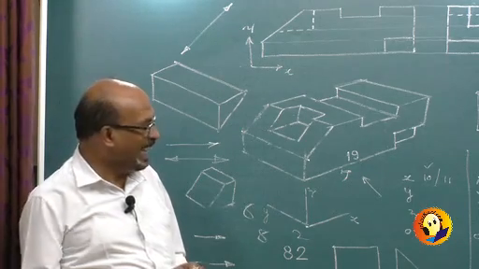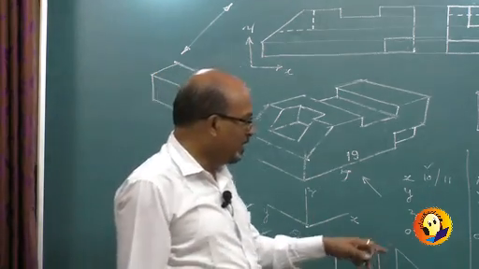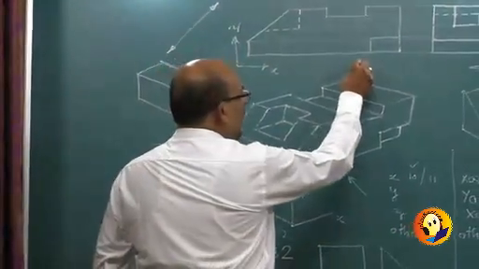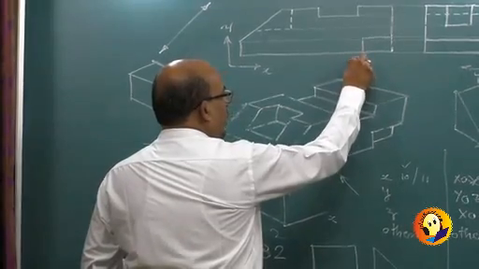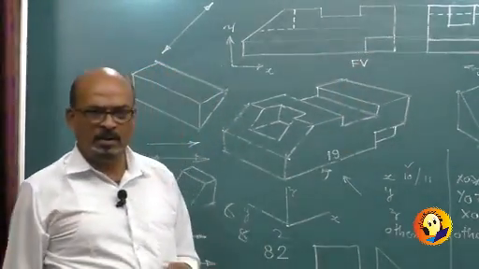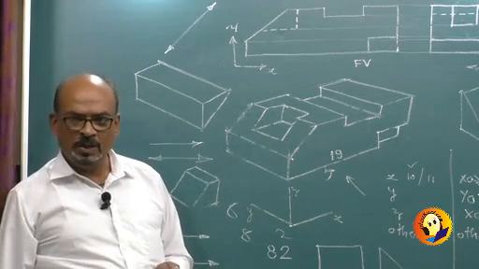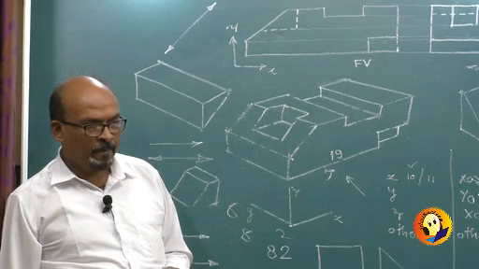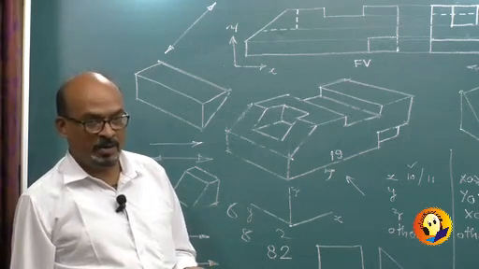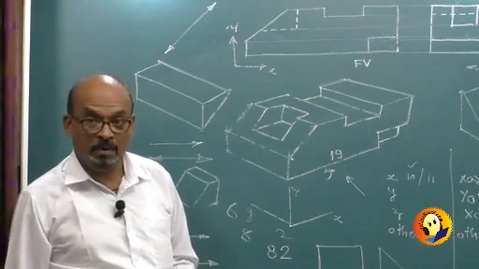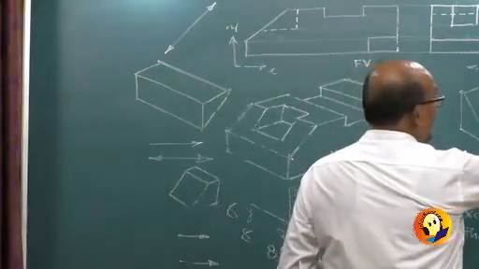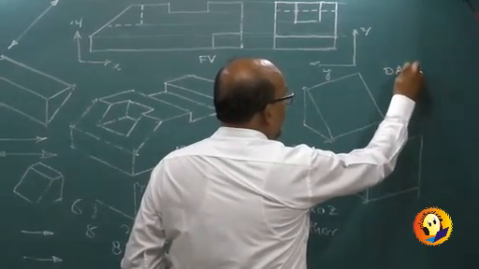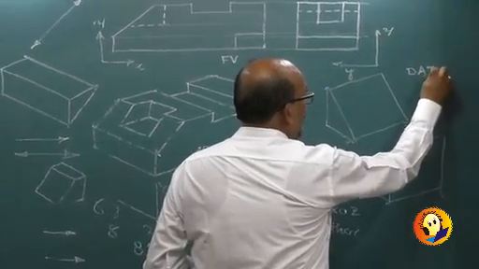right? And then at a later stage we will even have the characters to be written, because we don't write like "this is front view." No, it is understood. People do write it, but we won't. It is understood. Looking at the views, we know which is front view, which is top view. We don't mention it, right? But sometimes data is to be written. When I'm talking about the final paper, where you will have to write data.